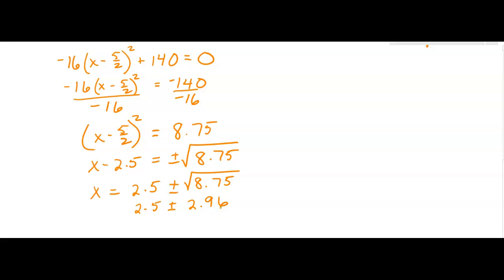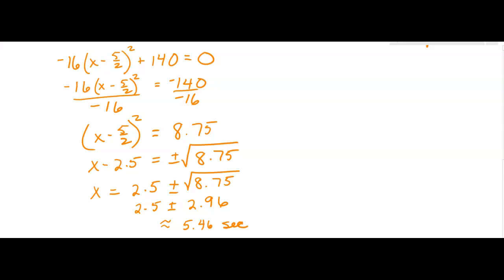Now I know it's not the minus case because that would give me a negative number, but we'll come back and talk about that a little bit later. So let me add the 2.5, and it's going to be approximately 5.46 seconds. So we were standing on top of the building, and we threw the ball up in the air, and eventually it hit the ground after about 5.46 seconds.